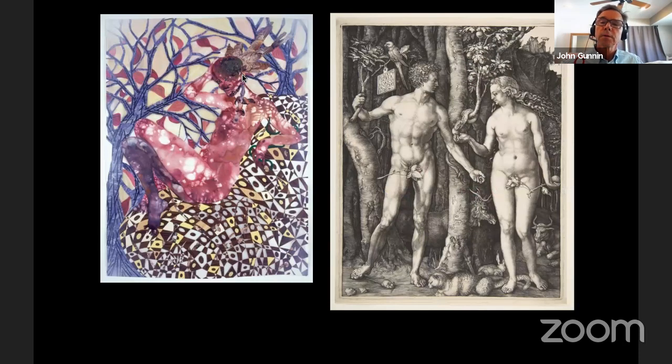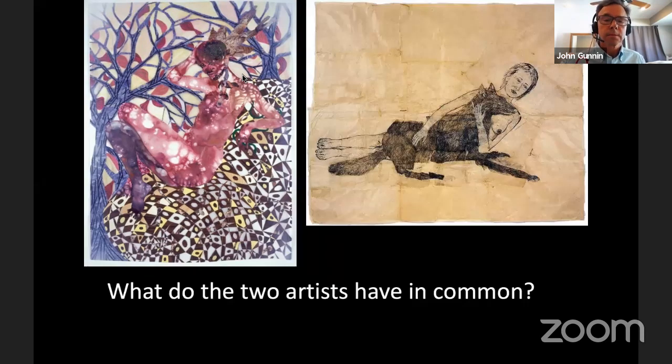So I just wanted to remind you about this because it's another nice example of the snake, and even her hair has that snaky look. So I think this would be a rich comparison. Okay. So I'd like you to think for a moment here about some of the things the artists have in common.